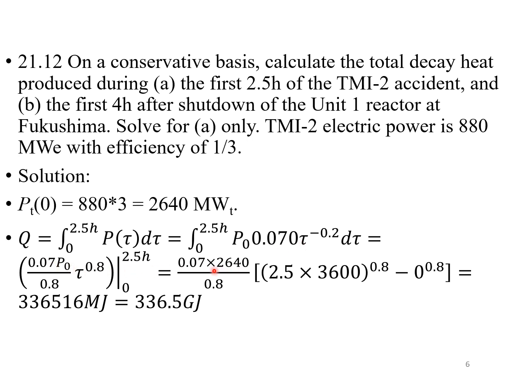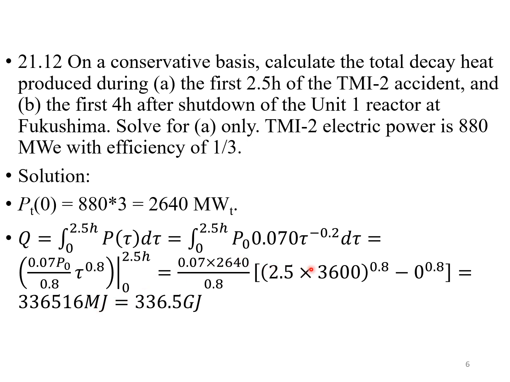Everything here is either a coefficient from the equation or a coefficient from the integration, such as 0.8. And this 2640 is the thermal power, in megawatts, so the result will be in megajoules.